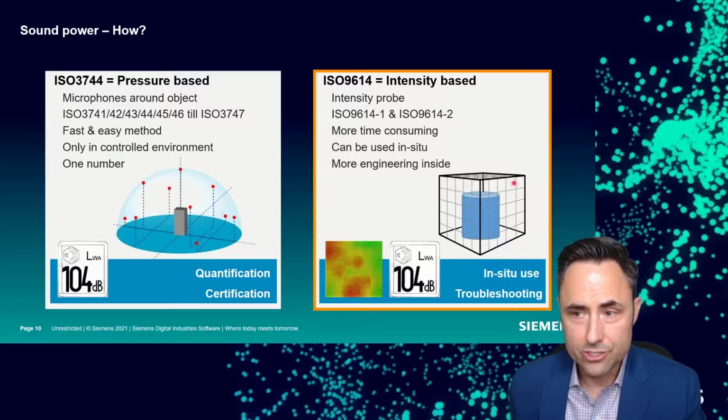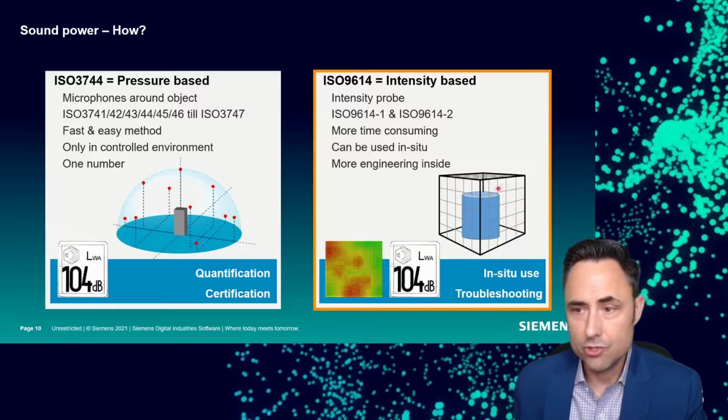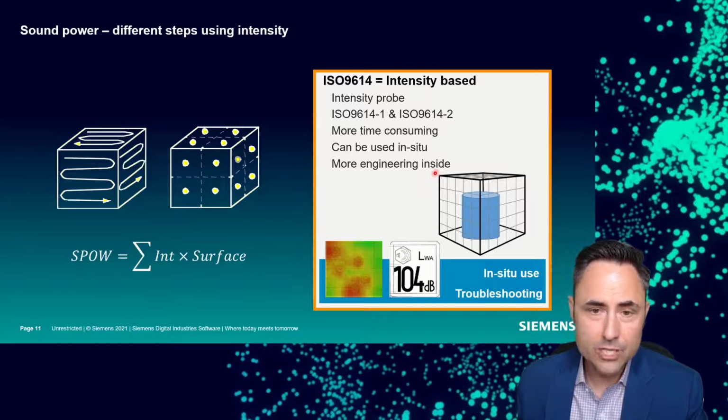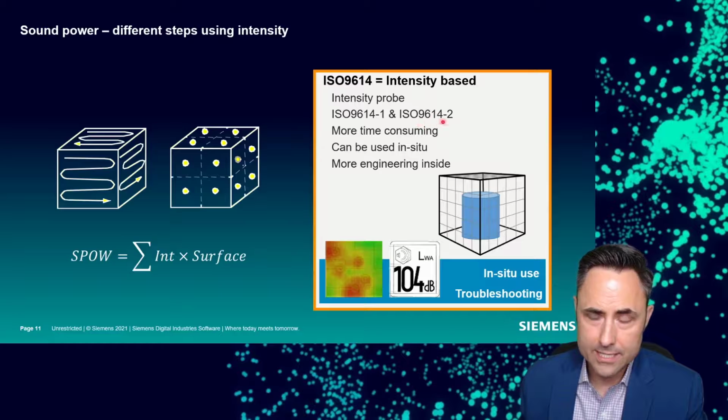You'll see these meshes around a sound intensity test. Usually these are string or wire frames that you can use to give you a visual guide for where you should be making your intensity measurements. As we do this, we actually have two options for the ISO standard. You see ISO 9614-1 and ISO 9614-2.